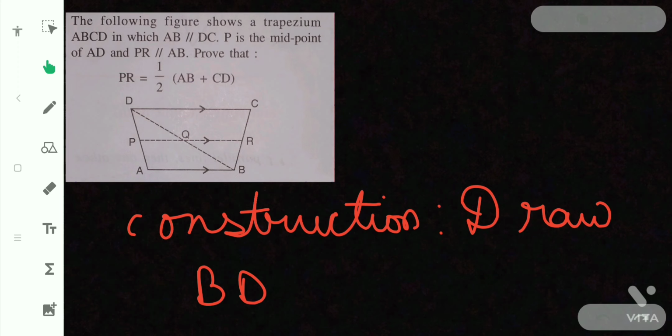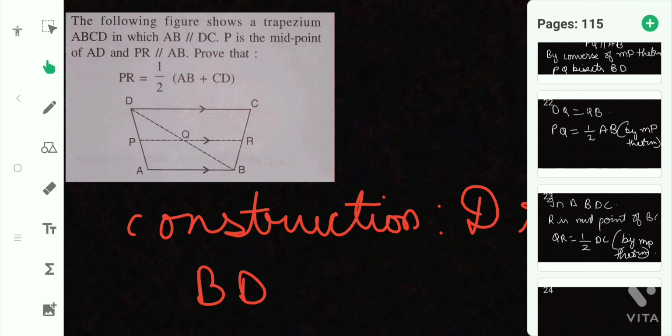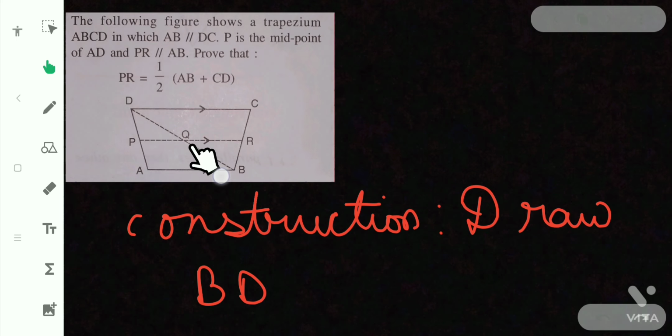Now what is asked in the question is PR is equal to half of AB plus CD. QR is equal to half of CD. Now what is PR? From the figure, PR is nothing but PQ plus QR.